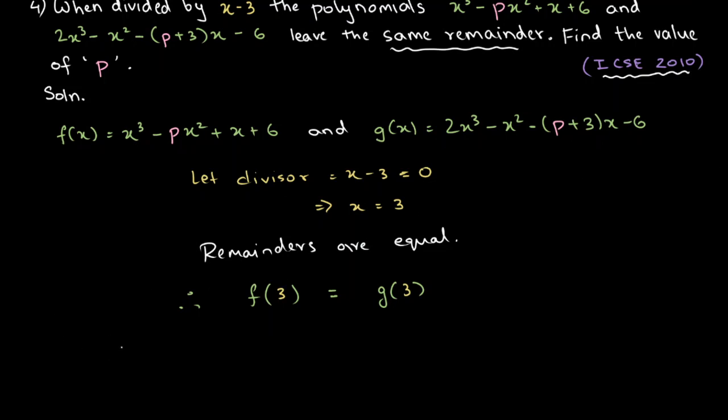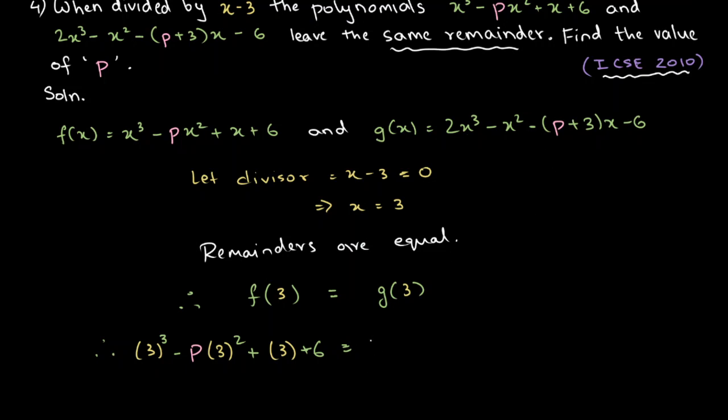So f of 3 is basically 3 in place of x in the f of x equation. So x cubed becomes 3 cubed, minus p times x squared, which is 3 squared, plus x, which is 3, plus 6. And this is equal to g of 3, which is 3 everywhere in the g of x polynomial.